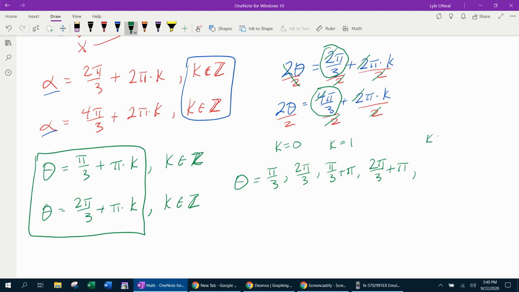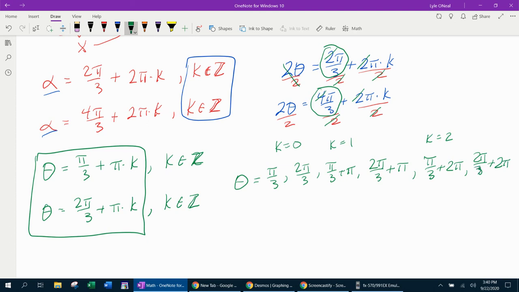And then we're going to say, well, what if k is 2? And you just keep going until you get the amount of solutions they requested. So if k is 2, that first solution is going to be pi over 3 plus 2 pi. And then the other one is going to be 2 pi over 3 plus 2 pi.